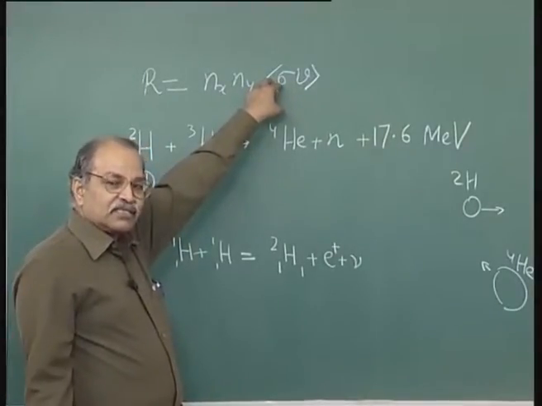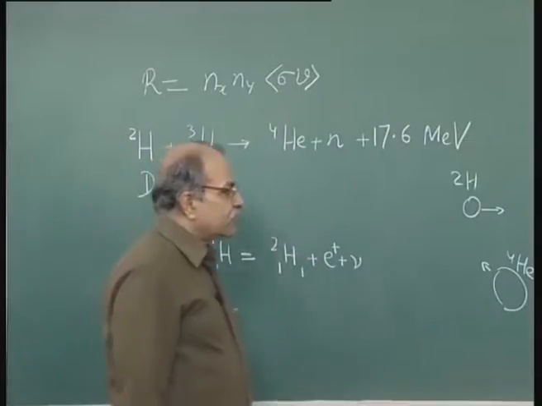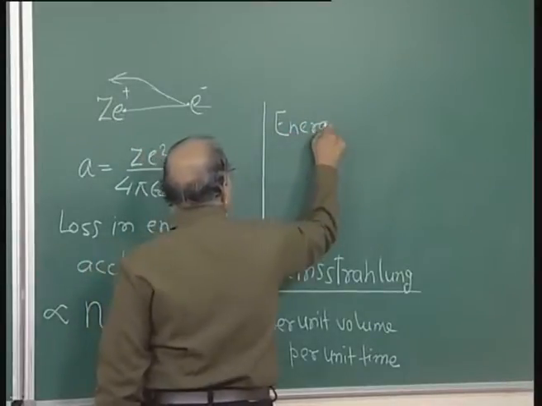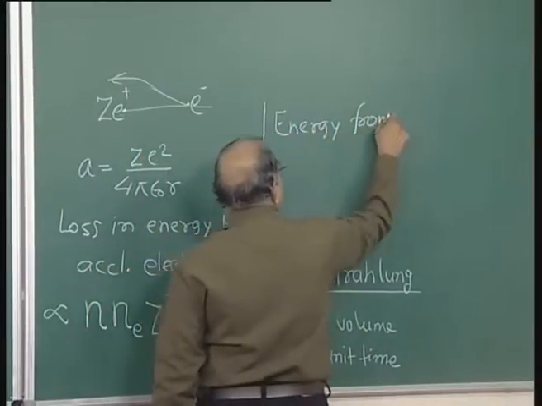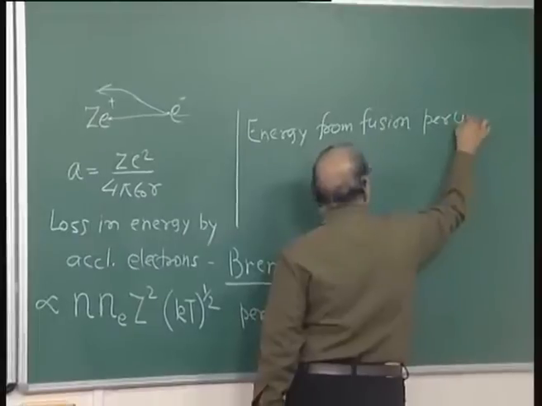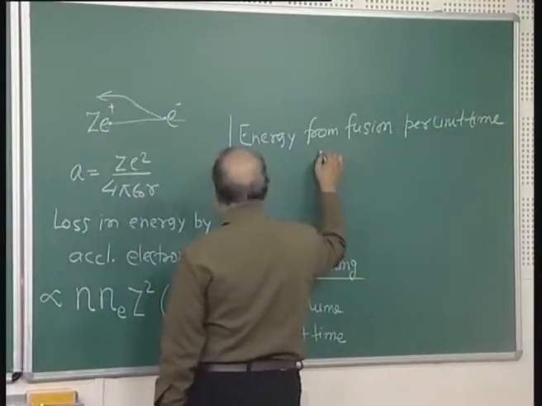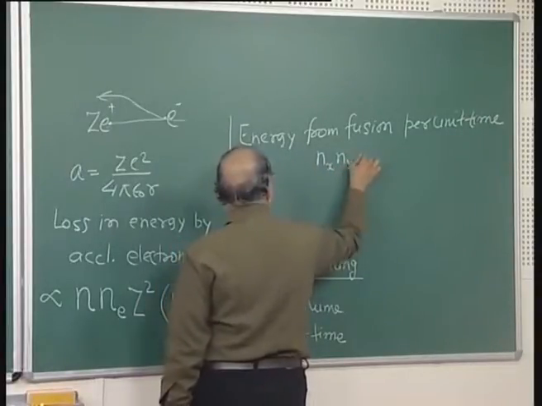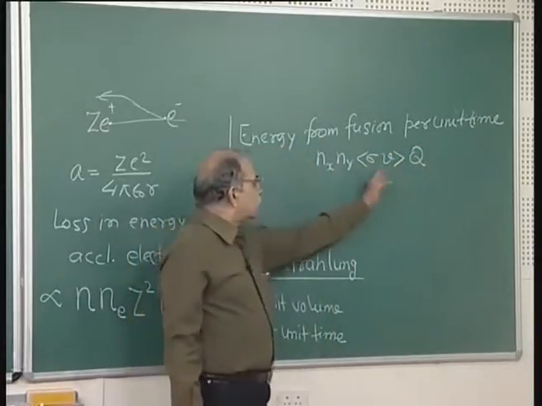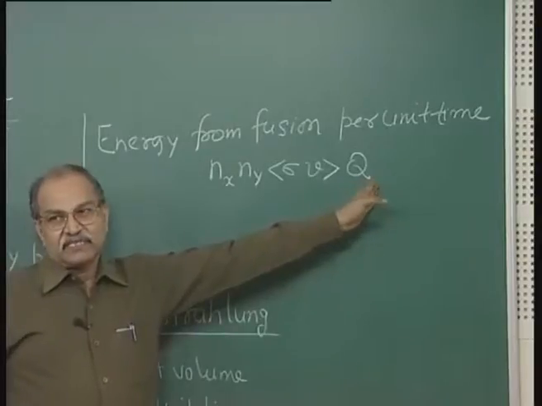In each reaction, if the energy emitted is capital Q, then the energy from fusion per unit volume per unit time will be that reaction rate Nx Ny sigma V and then Q. This is the number of fusion reactions taking place per unit volume per unit time, and from each reaction Q amount of energy is coming out.